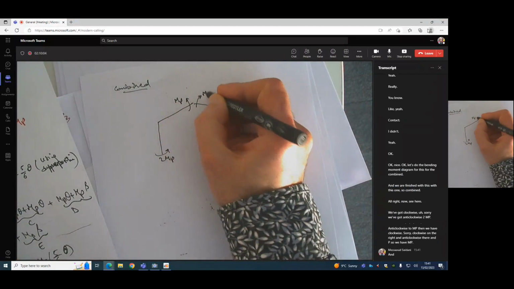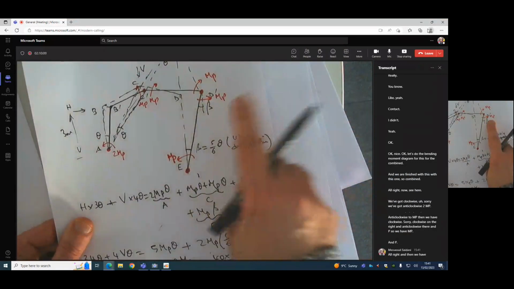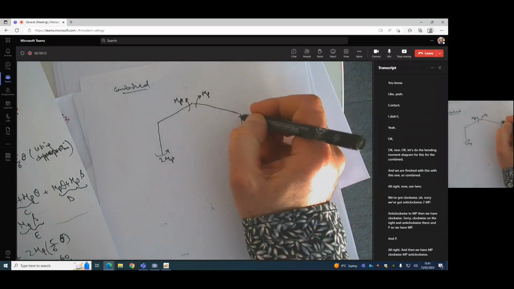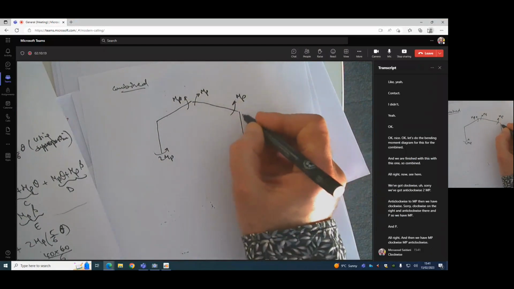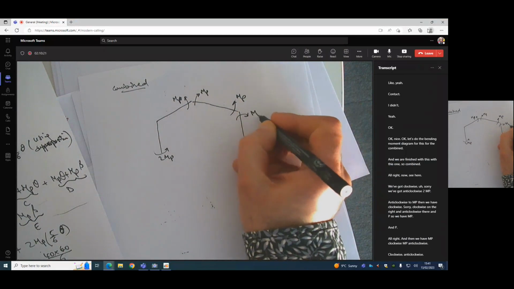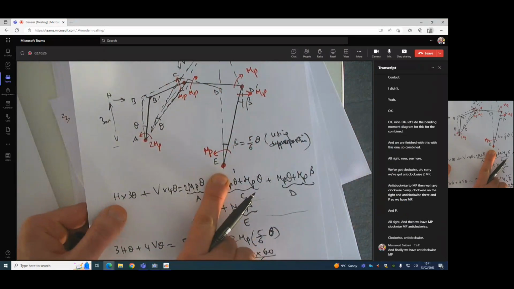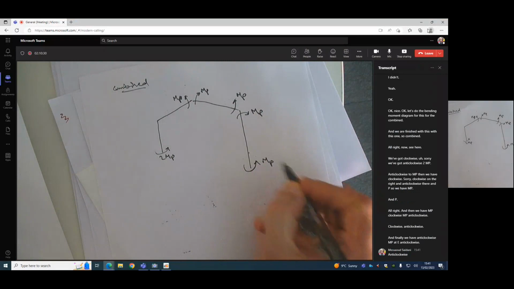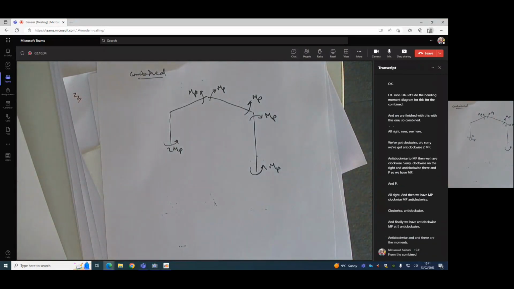And then we have MP clockwise, MP anti-clockwise. And finally, we have anti-clockwise MP at E. And these are the moments from the combined mechanism, okay?